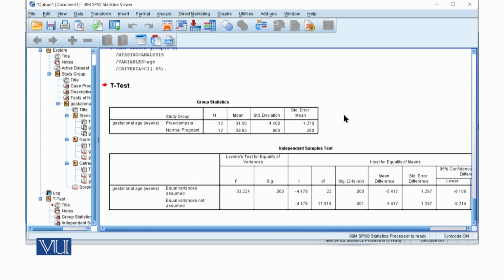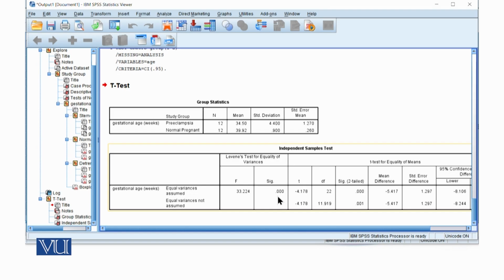In this case, the p-value for Levene's test for equality of variances is 0.000 or less. Hence, since the p-value is less than 0.05, we reject H0, and we conclude that the two variances are not equal.